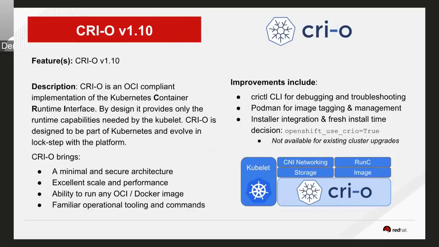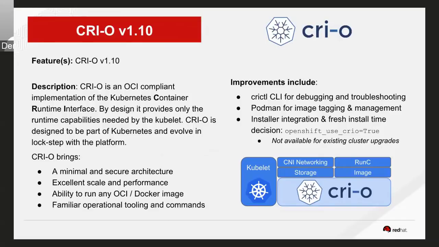Improvements in this release include the crictl CLI is now available, which lets you debug your clusters, whether they're running Docker as the container engine or they're running CRI-O as the container engine, using a common CLI tool, which just speaks to the container runtime interface itself.